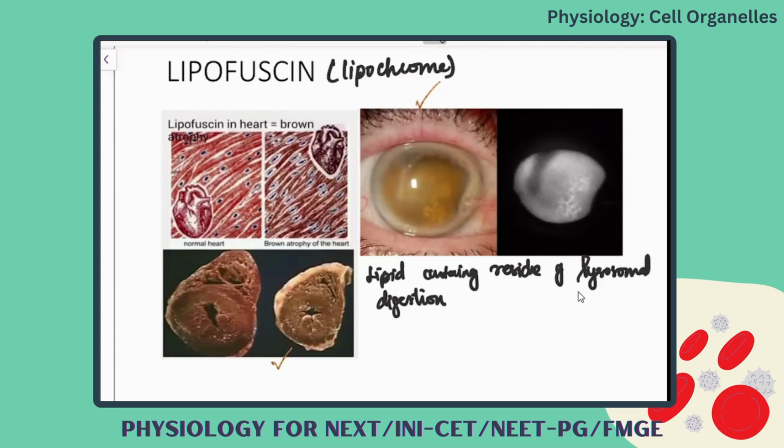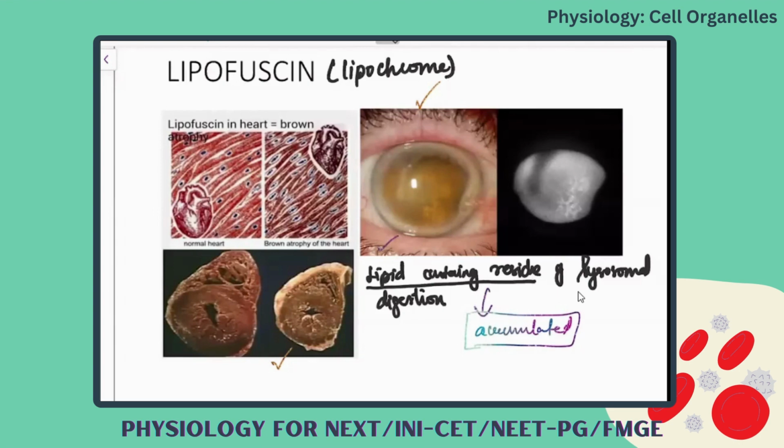If this digestion process, which is rich with lipid containing residue, is damaged, those lipid containing residues will get accumulated. The most common location where we find the accumulation is the eyes. In the eye, we will see these lysosomal digestion residues.